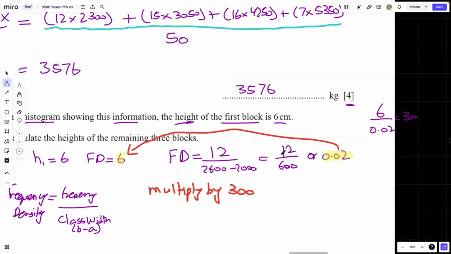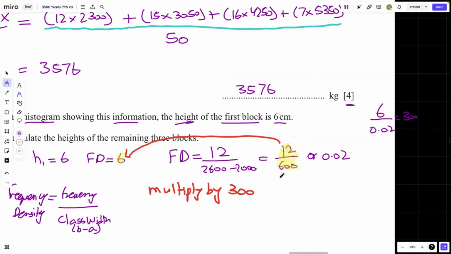Now, ideally, we'll try to use the fraction form of these instead of the decimals for more accurate answers, because we might have recurring decimals or non-accurate answers in decimals. So fraction is the best way to go on this type of question.